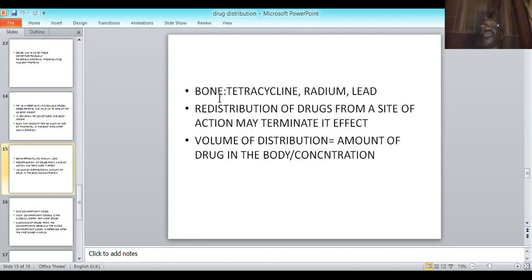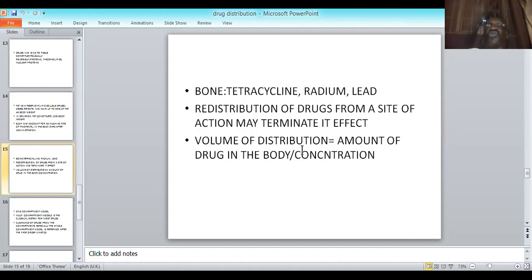Mark you, redistribution of drugs implies what we've been talking about for some time: partitioning into tissues and the drug partitioning into fat and so on and so forth. All these account for the distribution of drugs administered to patients over time, and such distribution may terminate the effect of the drug.